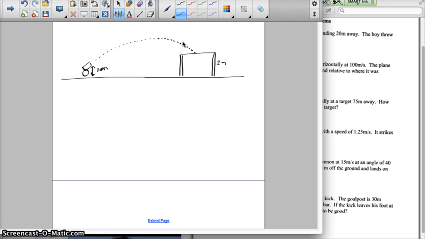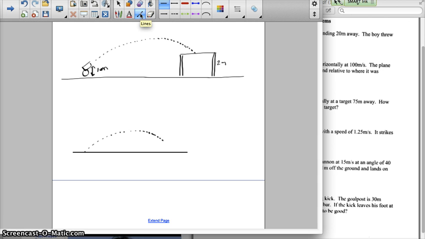So essentially, she lands at a height that's 1 meter above where she launched from, right? So let me draw it again. She's launched, but she doesn't go all the way back down. So her landing point here, if I draw a horizontal reference right here, she actually lands 1 meter above where she launched from.